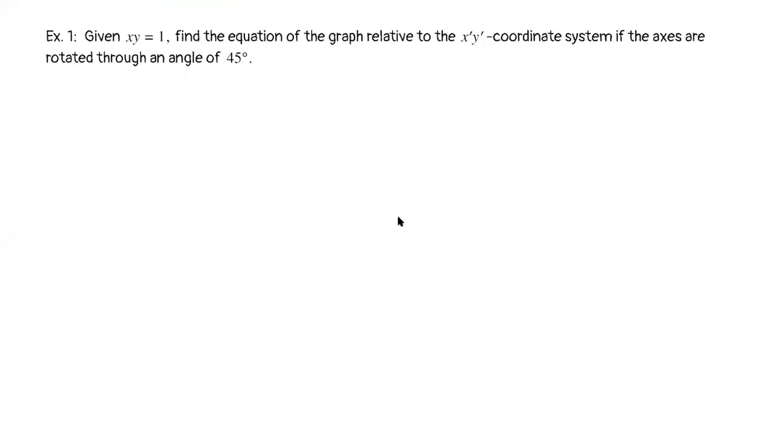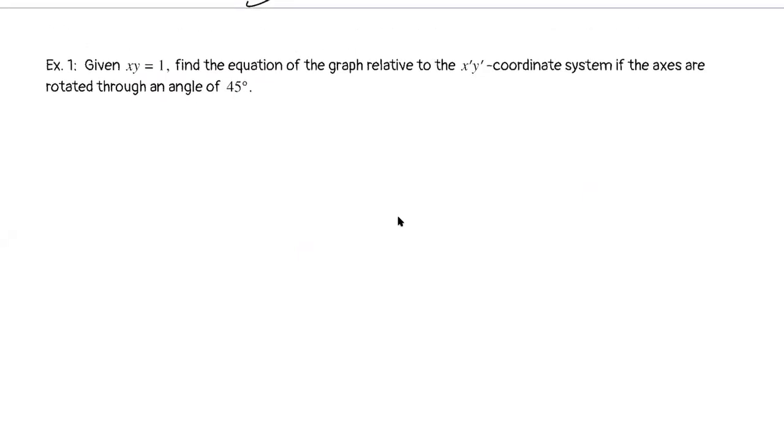Okay. So we're given this equation, xy equals 1, and our goal is to find the equation of the graph relative to the x prime, y prime coordinate system if the axes are rotated through an angle of 45 degrees, okay? So let's identify a few features of this graph first.